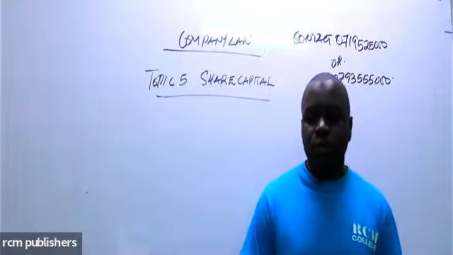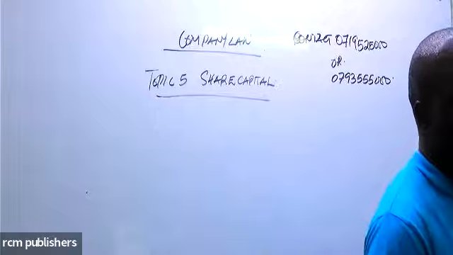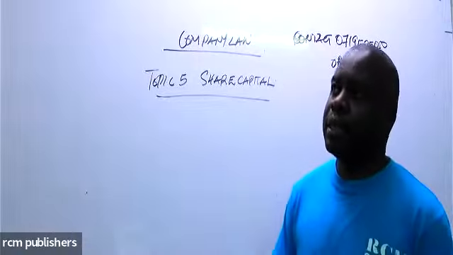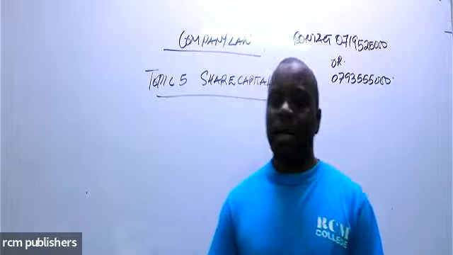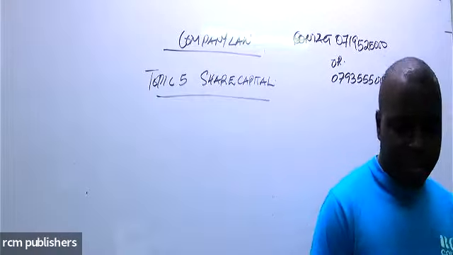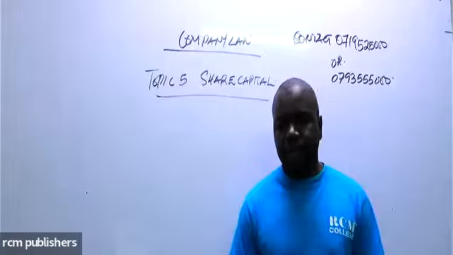But most obviously, we'll be able to see the name of the company there. We'll see the dates on which the shares will be open for people to subscribe. There'll be an indication of the different classes of shares in the company. In any case, if the shares have been issued at a premium, it will be indicated there.